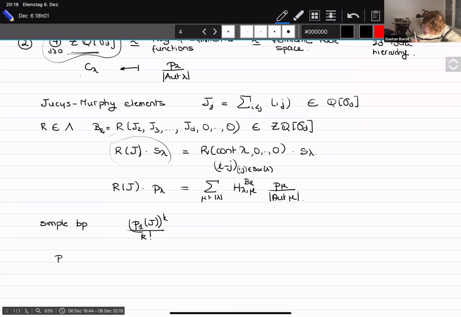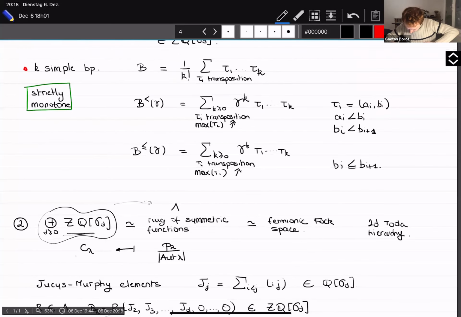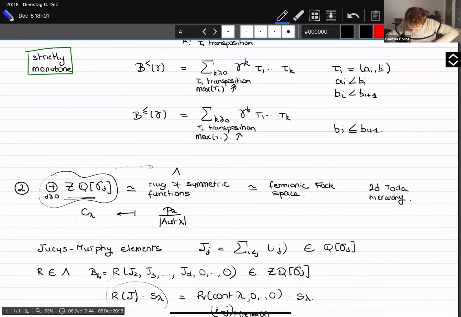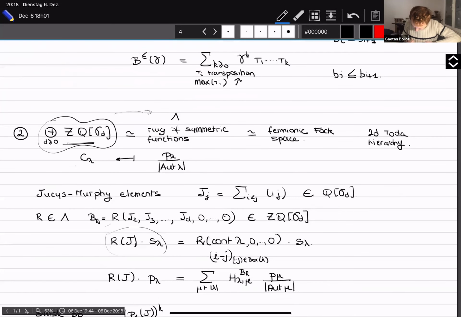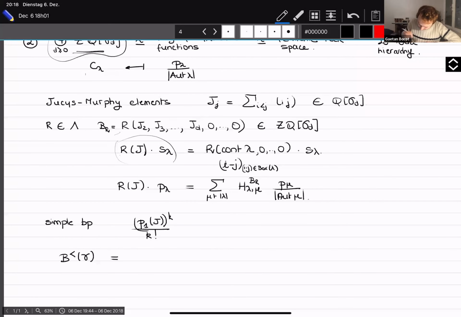If you want B, so the strictly monotone Hurwitz numbers. Before we had these elementary symmetric, well, we had this. If you look at what it means in terms of the J's, it corresponds to the elementary symmetrics. And so this should be this product.